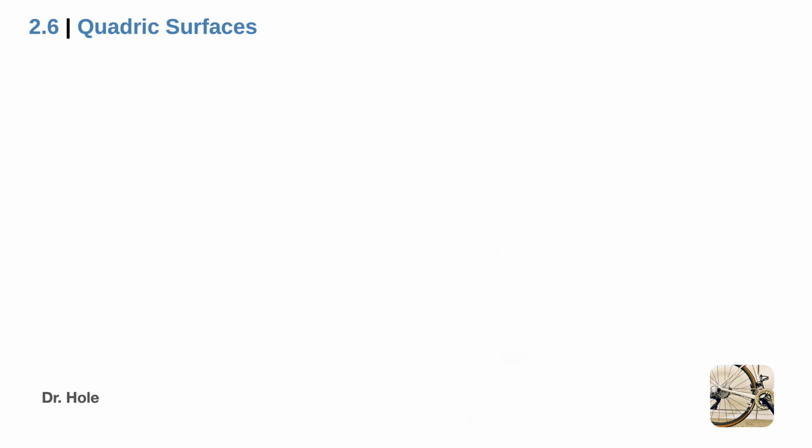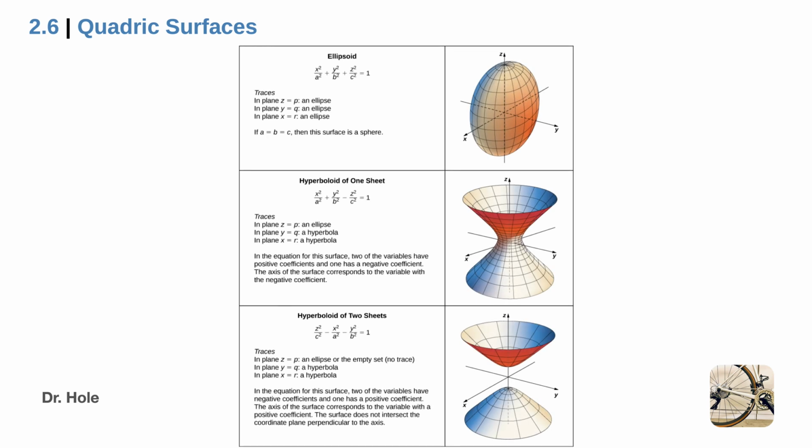Let's go ahead and summarize our quadric surfaces. There are a total of 6 that you want to know. Here are the first 3. We have already looked at the ellipsoid. Note that in this equation, we have it set equal to 1, and the remaining 2 equations are also set equal to 1.